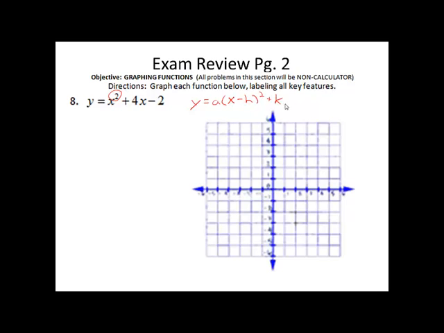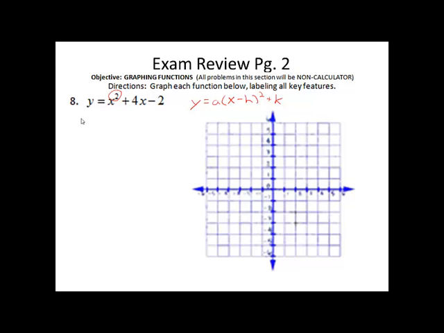Now h and k are just letter representations of what our vertex should be. So in order to get from this form of a quadratic equation, also called a quadratic trinomial for the 3 terms, we need to complete the square.